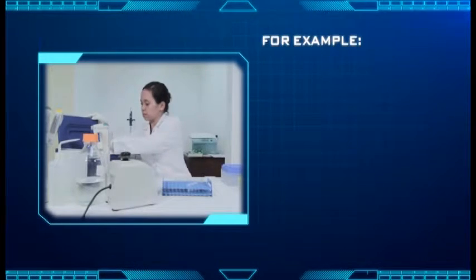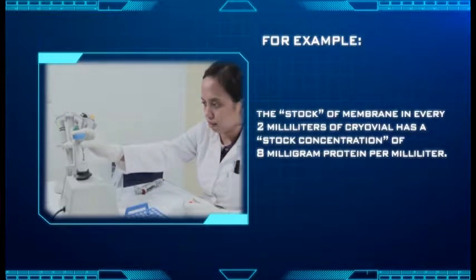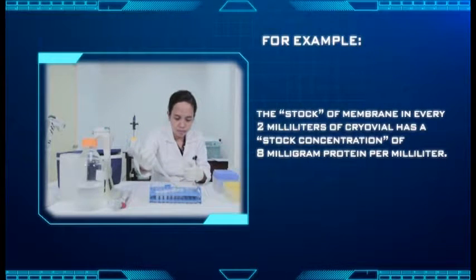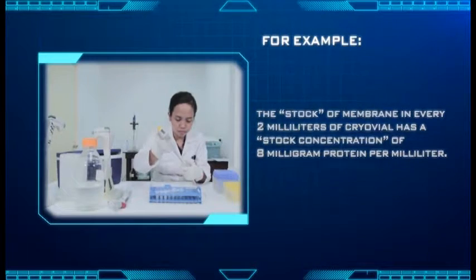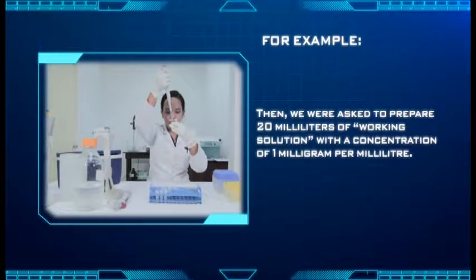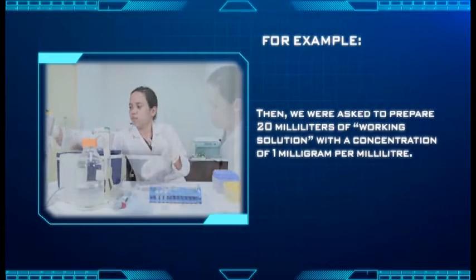For example, the stock of membrane in every 2 milliliters of cryovial has a stock concentration of 8 milligram protein per milliliter. Then, we were asked to prepare 20 milliliters of working solution with a concentration of 1 milligram per milliliter.